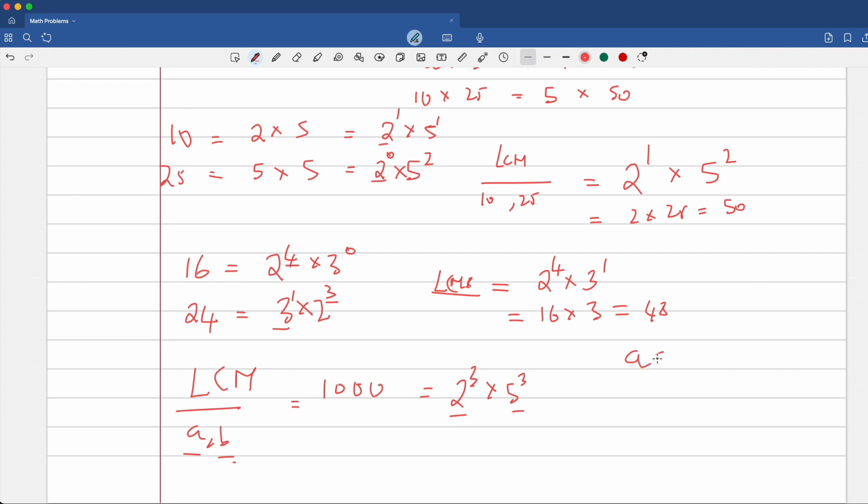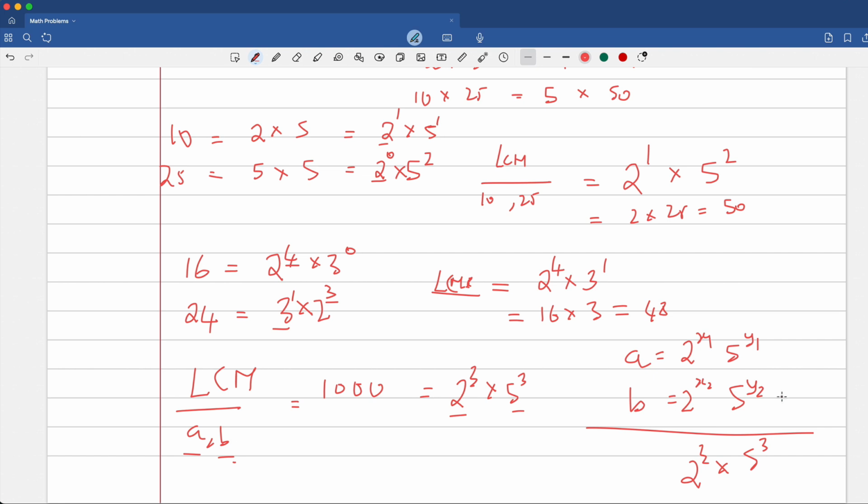So A can be considered to be 2 to the power of x1 and 5 to the power of y1, and B can be considered 2 to the power x2 and 5 to the power y2. And together they are going to form 2 cubed times 5 cubed.